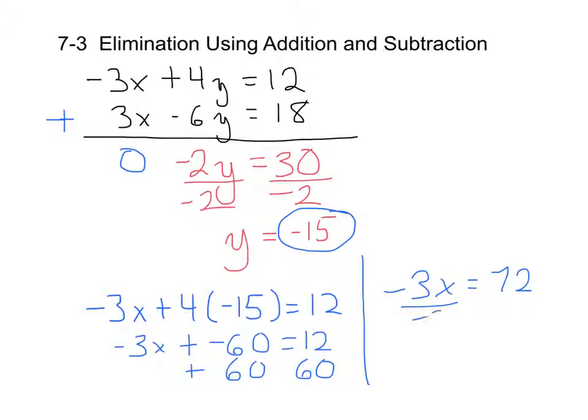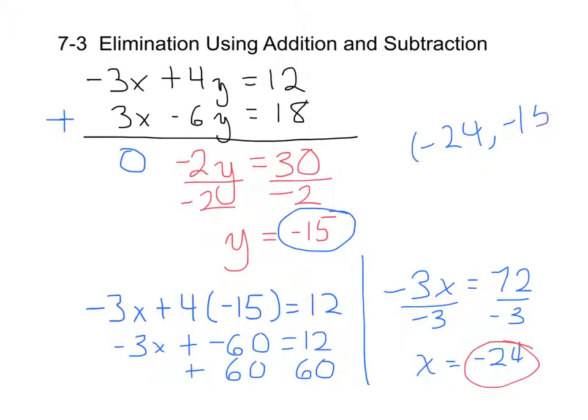When I divide both sides by negative 3, I then find out that x is equal to negative 24. Okay, so the solution this time is the ordered pair negative 24, negative 15.